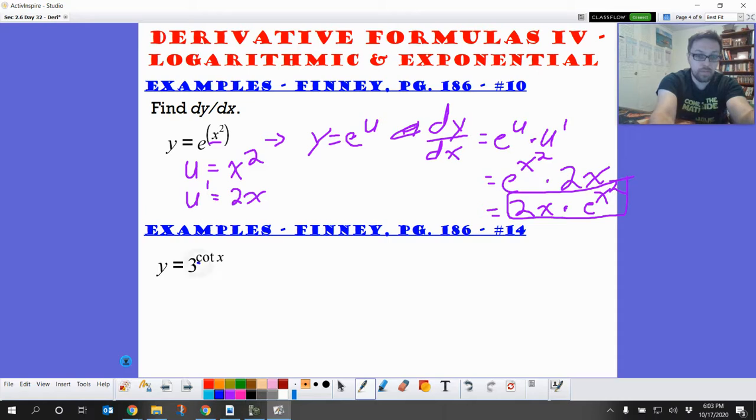So here we've got that other one, that one that was like a to the u. So our u in this case is cotangent of x. All right.